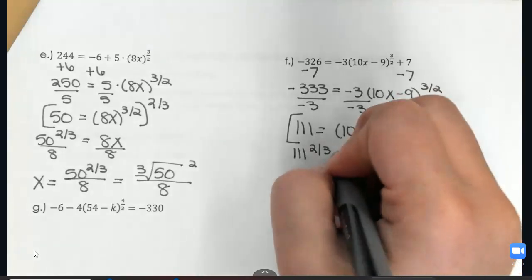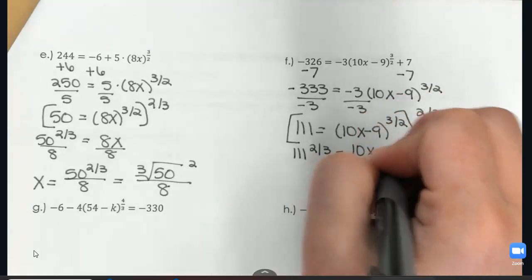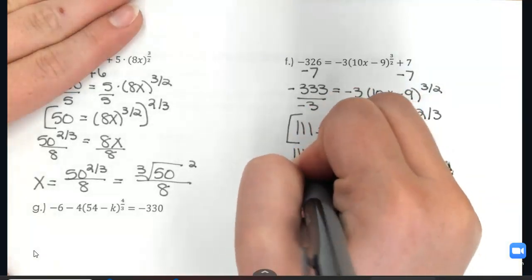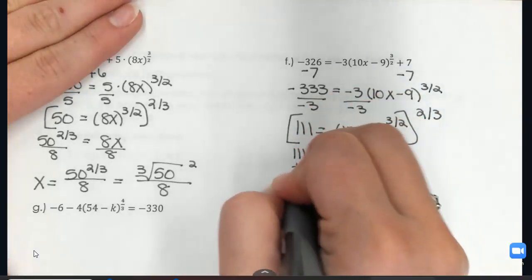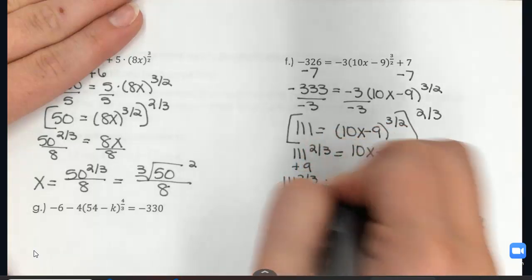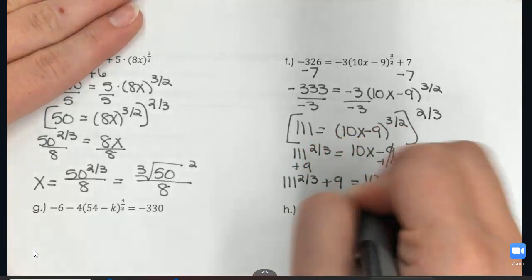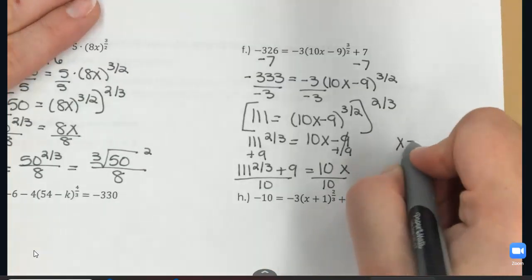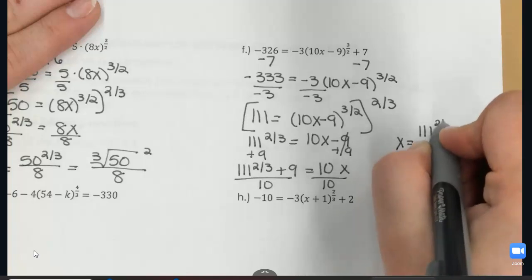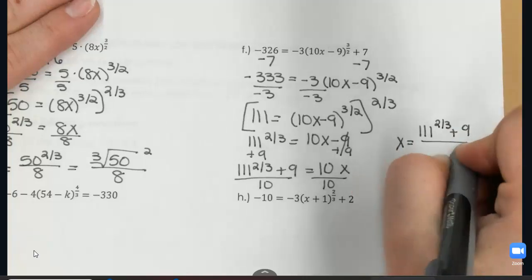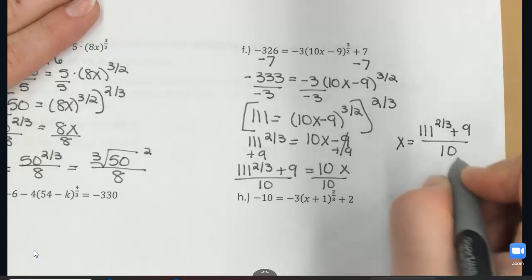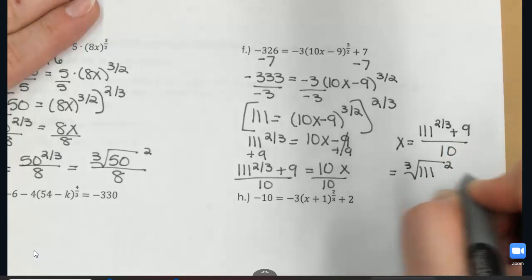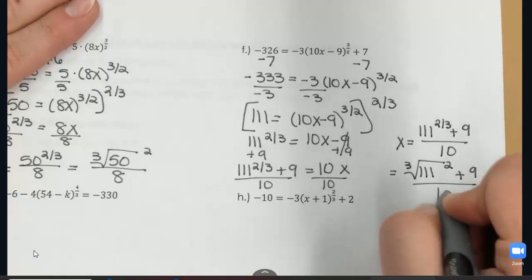So that will make my exponent on this 1. So I'll just have 10x minus 9. So I will need to add 9, and then divide by 10. And I'm running low on space, so I'm going to put it over here. So we can put this as an exponent to the 2/3 power plus 9 over 10, or we could put it as a radical, cube root of 111 squared plus 9 over 10.